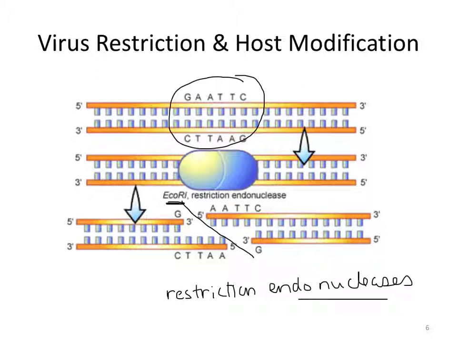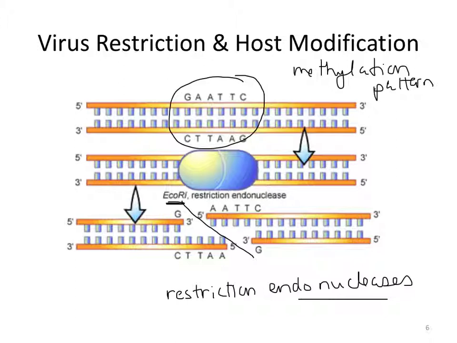And you might be wondering now, well, why would the bacteria make an enzyme that can degrade DNA? Isn't that a problem for the bacterium itself? And the answer to that is that the methylation patterns differ in viral DNA than in bacterial DNA.